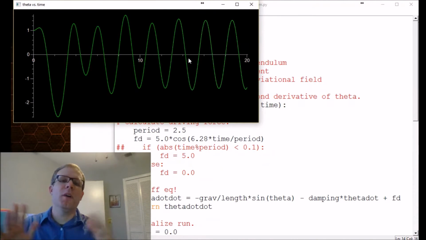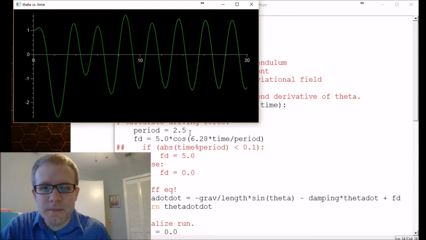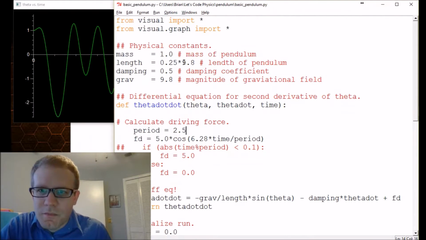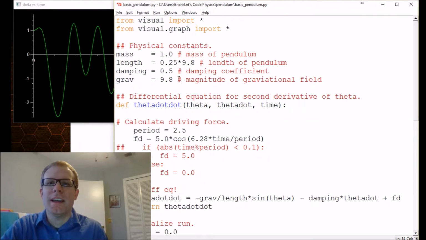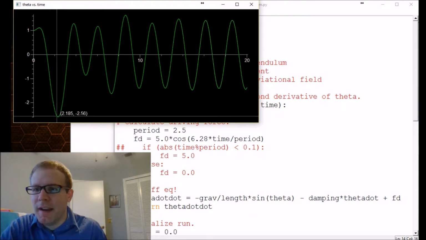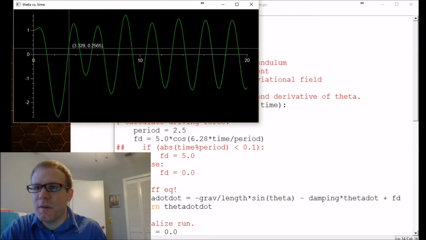So, for example, it doesn't matter what the natural frequency of the pendulum is, which in this case is 2 pi square root L over G. L over G is going to be a quarter, so that's a half, so it should be pi. So initially, it's pi that's the sort of special frequency.